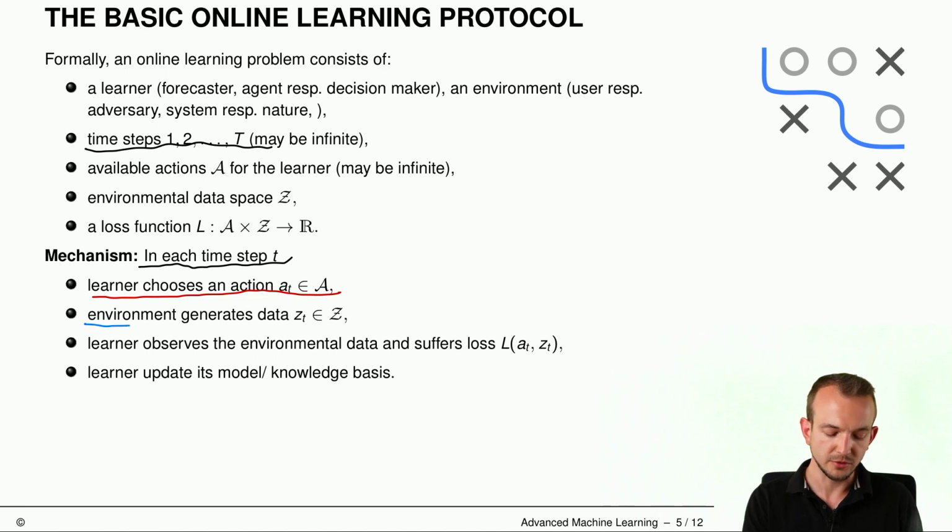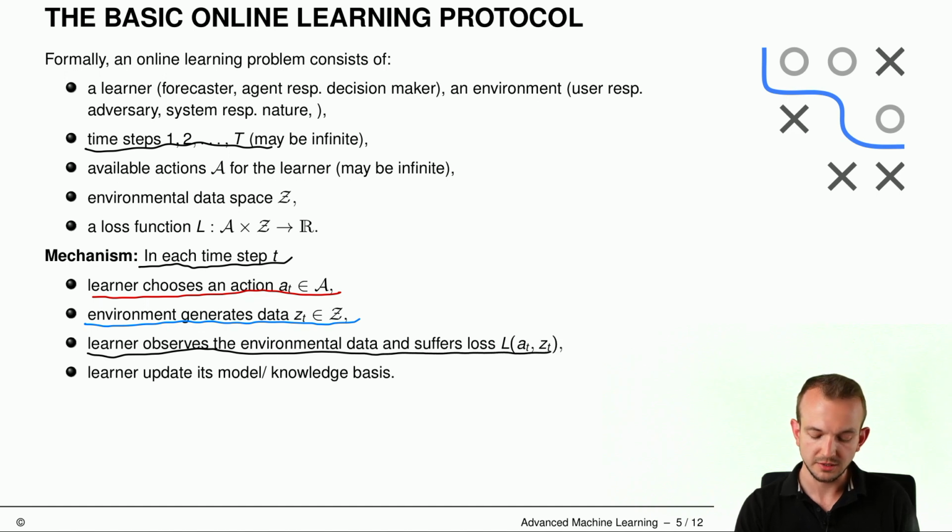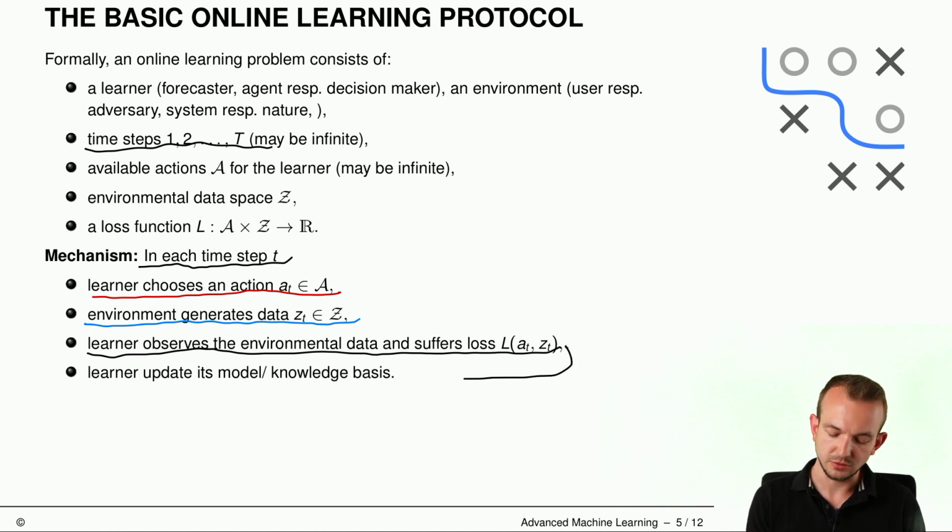The environment in turn will react in the sense that it will generate data, an environmental data point Z_T in the available environmental data space, and the learner will then see this environmental data point and compute the loss, which is then taken into account to update the model, to learn whether the taken action A_T in time step T was indeed a good idea regarding the data which was generated by the environment.